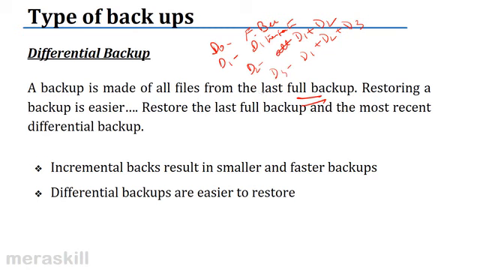So as the days go by it becomes slower and slower, as more and more backup has to be taken. But what is the advantage? They are easier to restore. Differential backups are easier to restore.